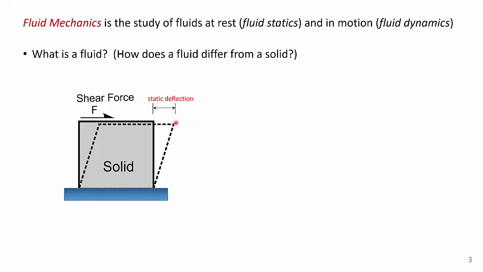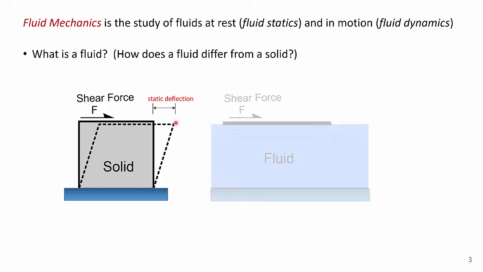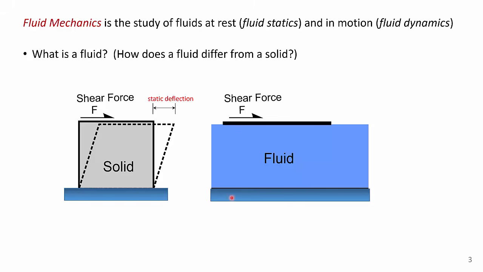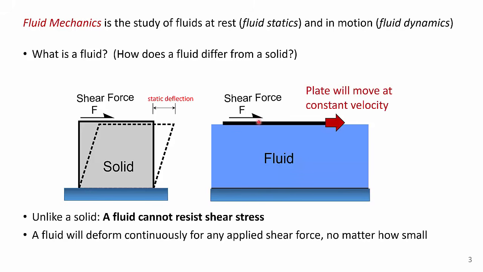Now, in contrast, suppose you do the same thing with a fluid. Here I have a fluid sitting on a surface, and on top I've placed a solid plate. You could think of this as perhaps a thin sheet of wood floating on a pond or something like that. Now we apply a shear force, a tangential force, to the top surface of this floating plate. What's going to happen is the plate is going to move to the right.